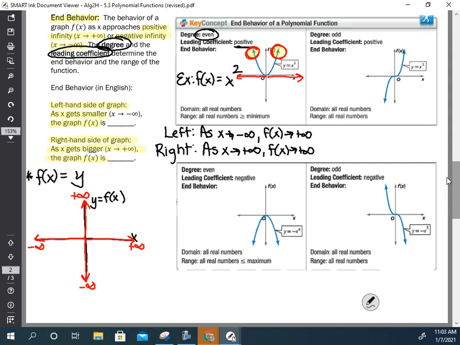We're going to keep the degree even, but now we're going to make the leading coefficient negative. An example of that, y equals negative 2x to the 4. The degree is even and the leading coefficient is negative. What is happening to both parts of the graph?